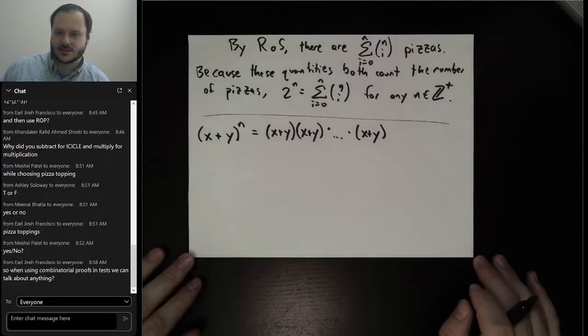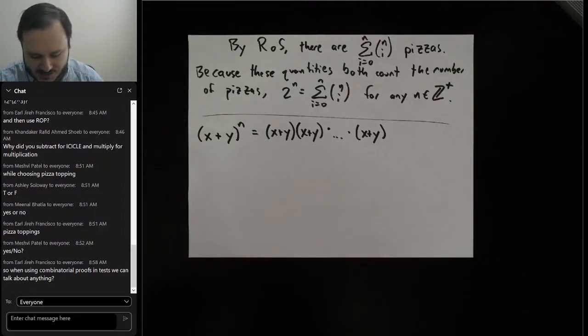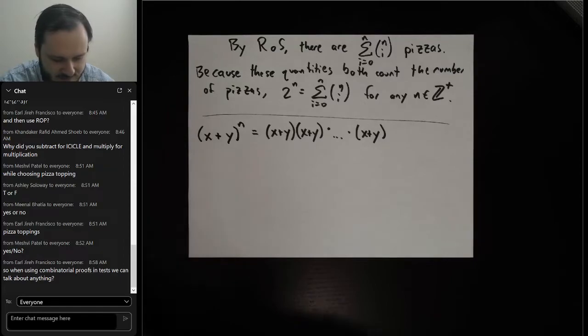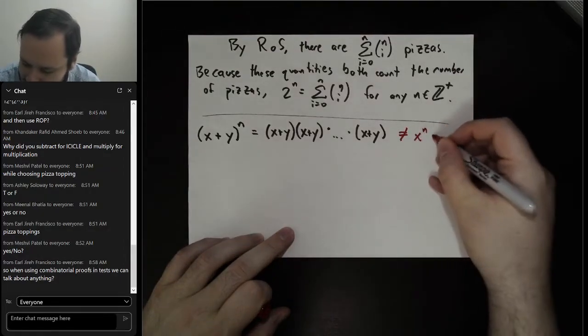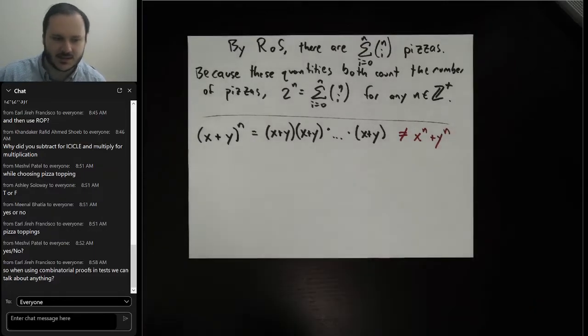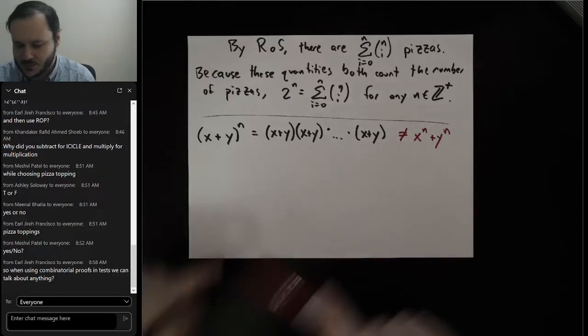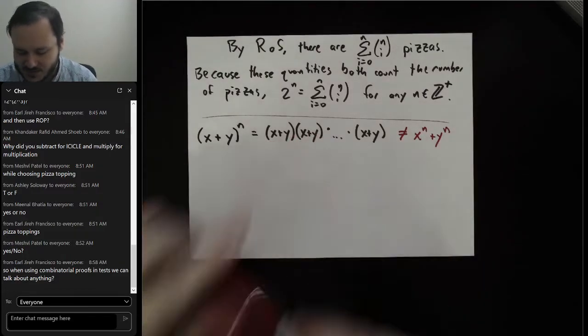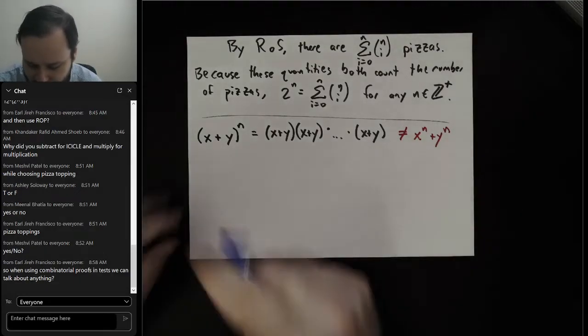And since we've all gone through high school, we know that this is not equal to x to the n plus y to the n, at least as long as n is bigger than 1. Right? We've got to multiply all of these out, distribute all of these through. So here's my question.